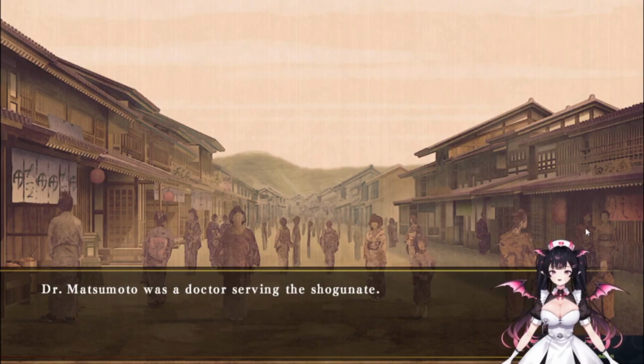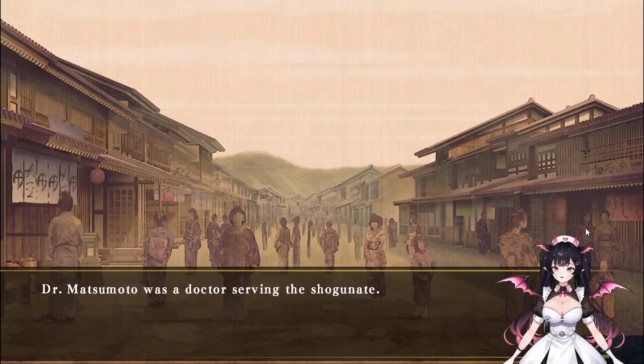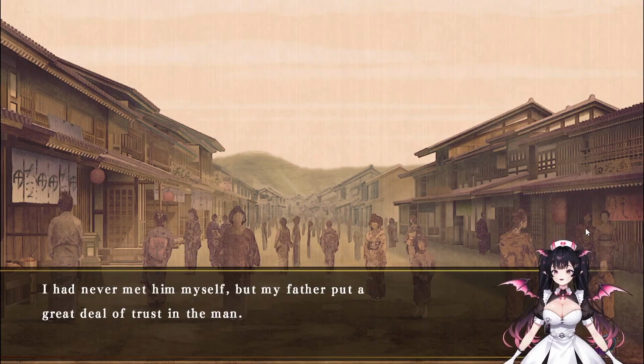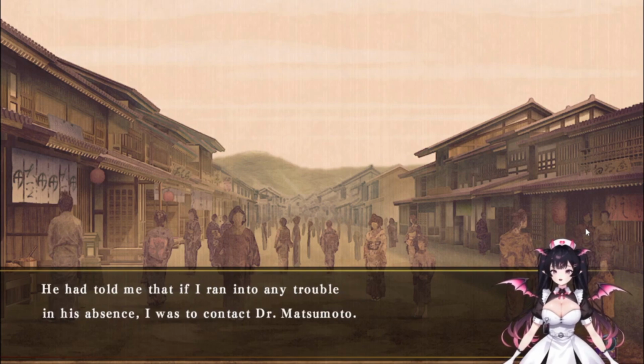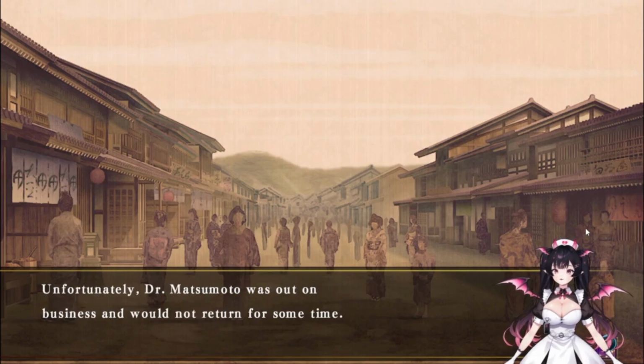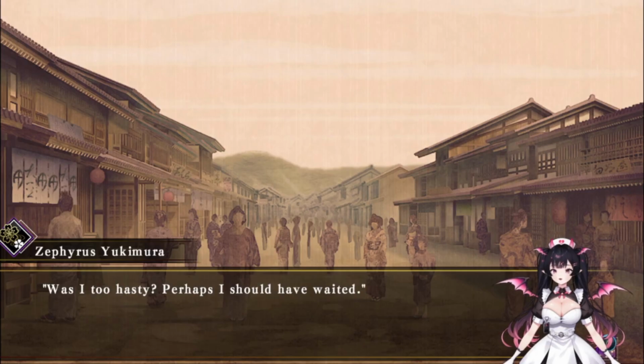Dr. Matsumoto was a doctor serving the shogunate. I had never met him myself, but my father put a great deal of trust in the man. He had told me that if I ran into any trouble in his absence, I was to contact Dr. Matsumoto. Unfortunately, Dr. Matsumoto was out on business and would not return for some time. Was I too hasty? Perhaps I should have waited.